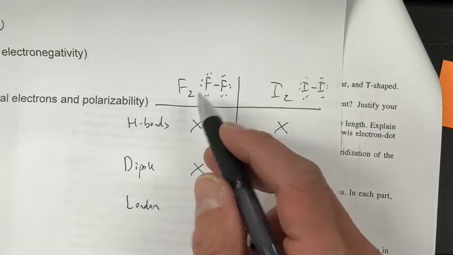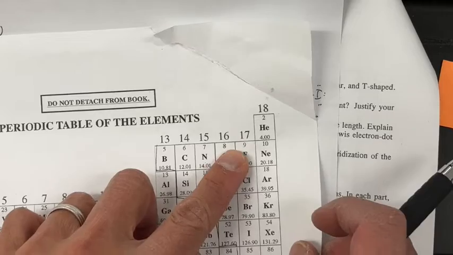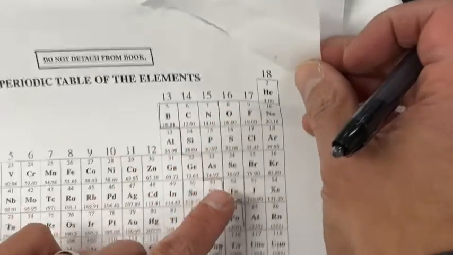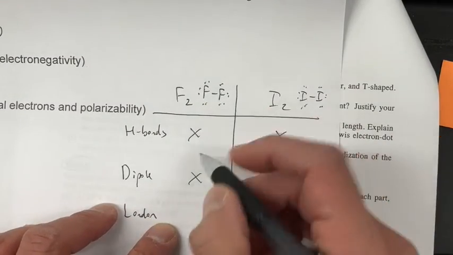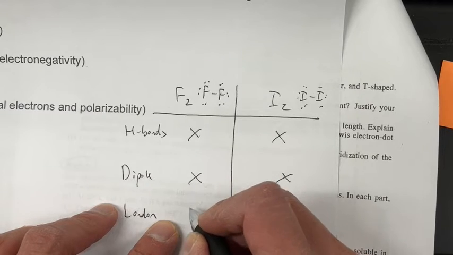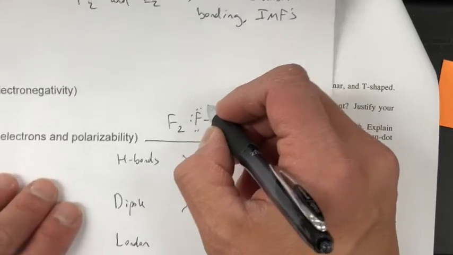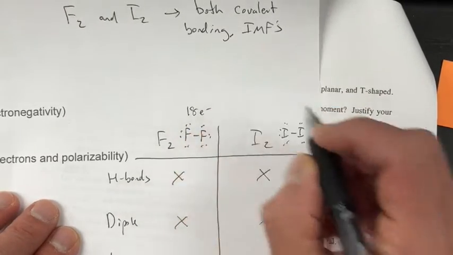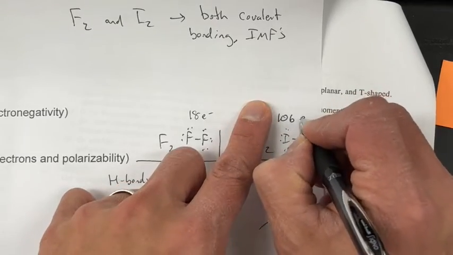If I look at my periodic table, F has 9 electrons. I has 53 electrons. So F2 has 9 times 2, which is 18 electrons. I2 has 53 times 2, which is 106 electrons.